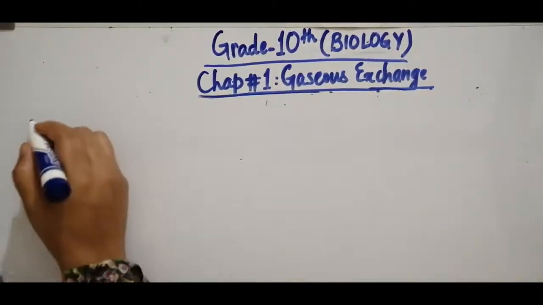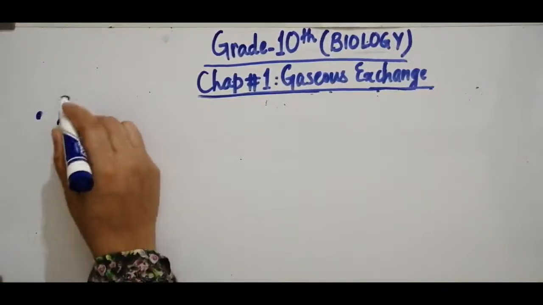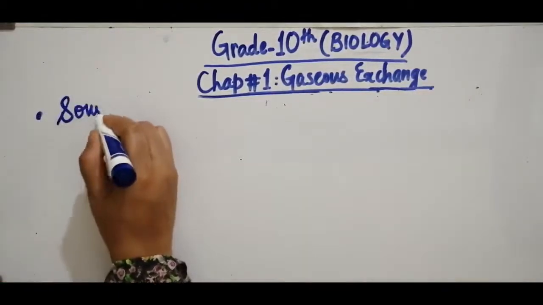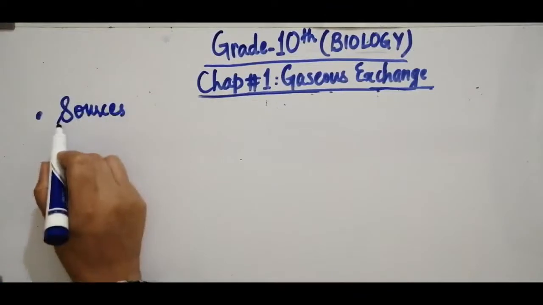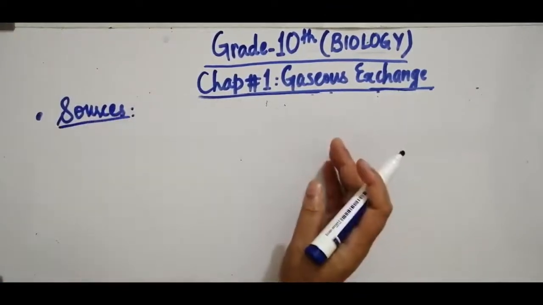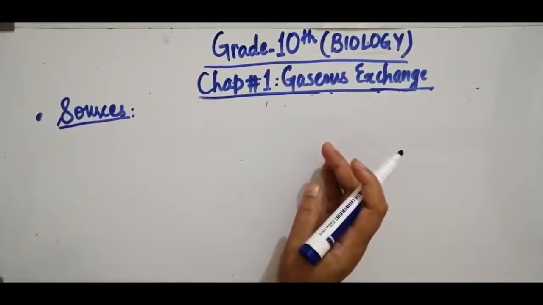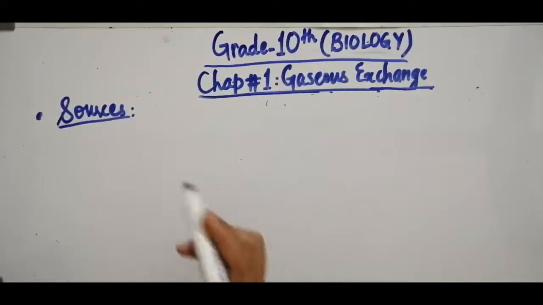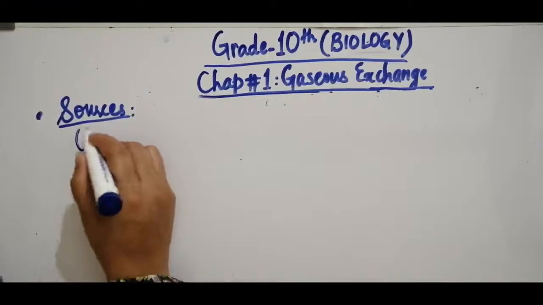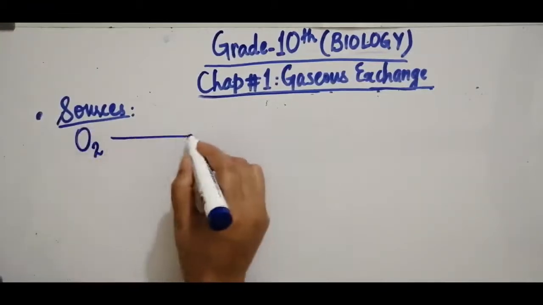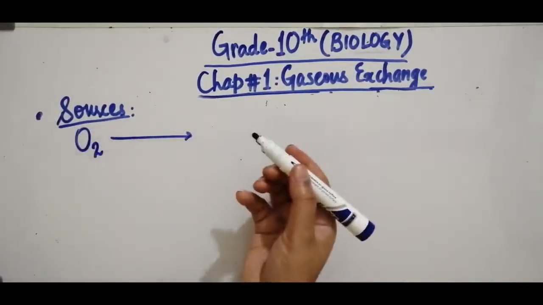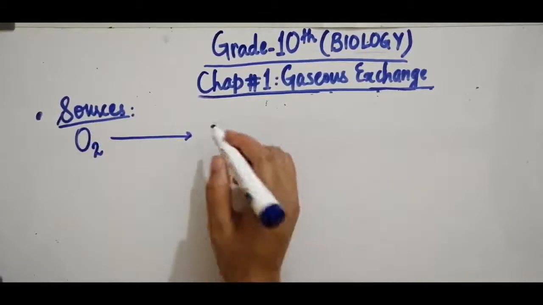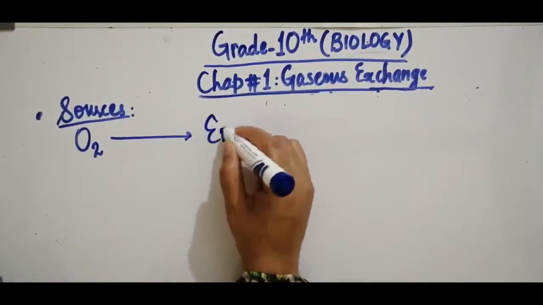Now we'll talk about where the oxygen and carbon dioxide gases come from for cellular respiration. As we know, organisms get the oxygen needed for cellular respiration from their environment.